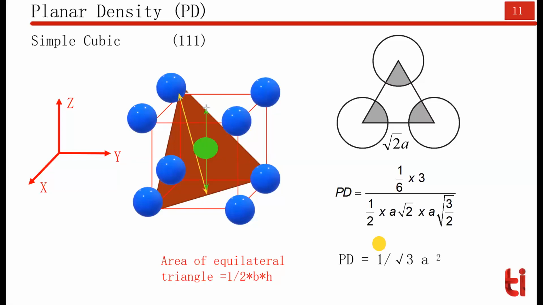So your 111 plane, which is inclined along the yellow line, will never pass through the center of the green color atom. And because of that, you will never consider its contribution to the 111 plane in the BCC unit cell. So let's go back to the 2D version.